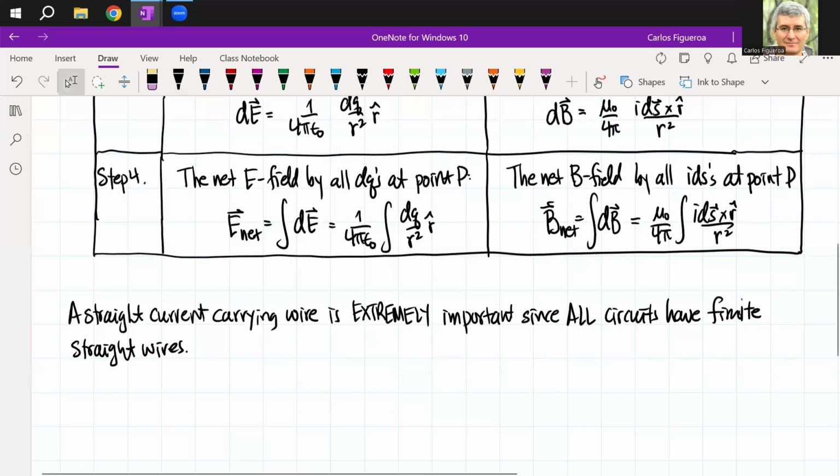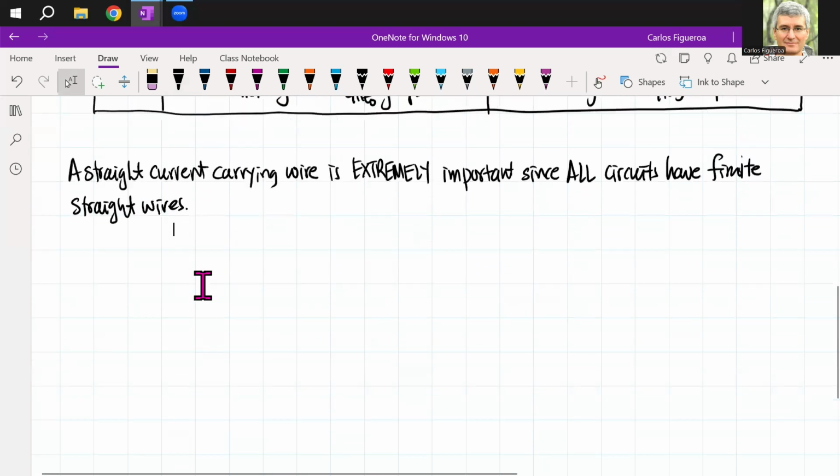So that's why it becomes so important here. Let's set up the question and then move on.